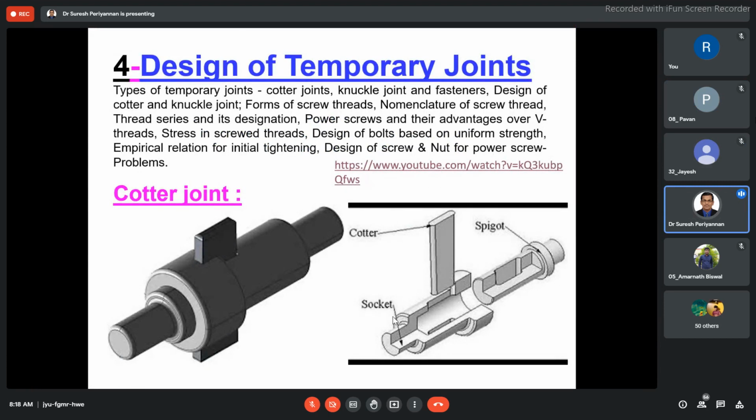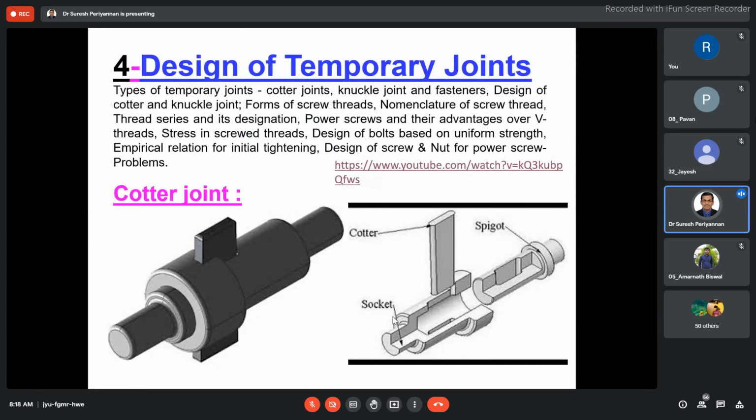That joint may be a cotter joint, maybe a nut and bolt joint, maybe a power screw joint, right? These come under the category of temporary joints. But what are permanent joints? A permanent joint cannot be easily dismantled. But a temporary joint can be easily dismantled without destroying the components.